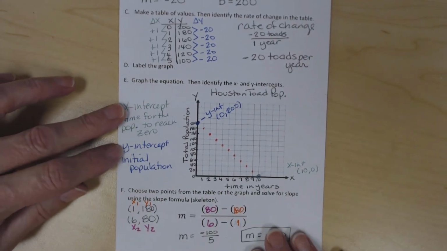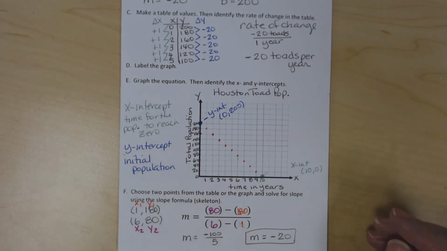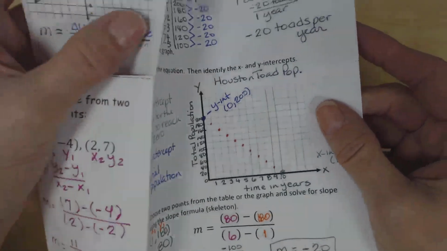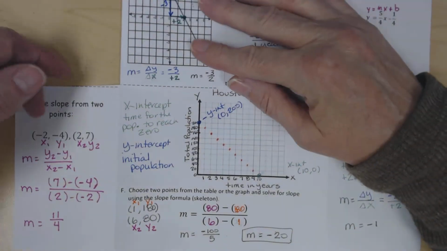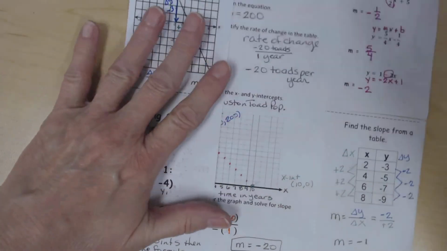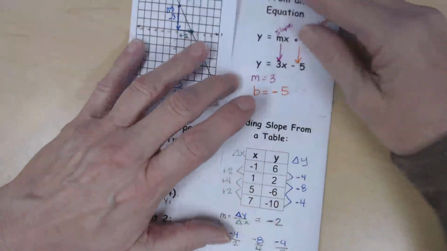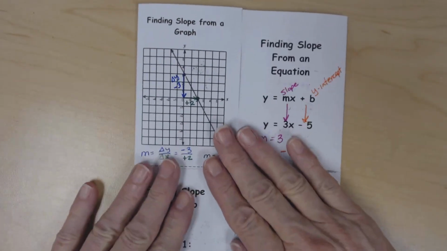We found out what our x and y intercepts represent and where they are on the graph. And then we had the slope formula at the bottom. And then in another video, you see which page to paste this on into your composition book for your notes. So this is 4 ways to find slope.